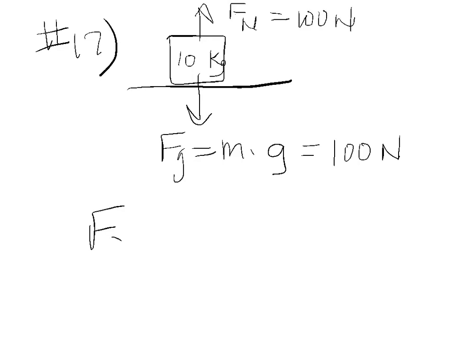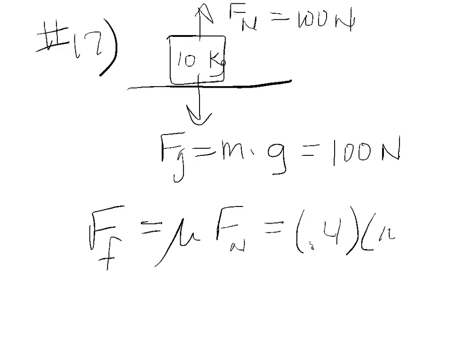And if you're going to calculate the force due to static friction, mu times normal force, that would be 0.4, which is given, times 100. So you would end up with an answer of 40 newtons for the frictional force there. That's how much force you would need to pull it.